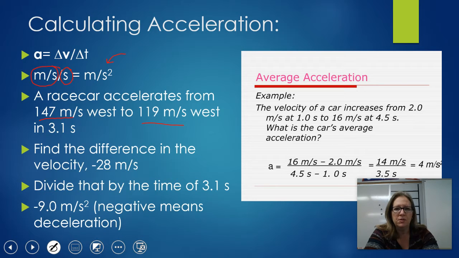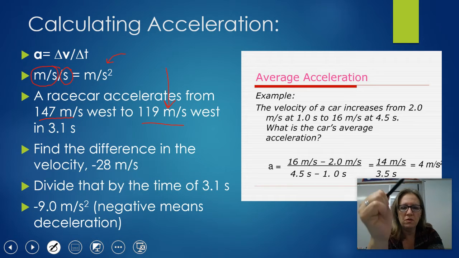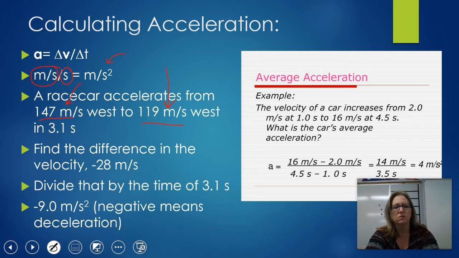So we find the difference between those, and it's similar to the displacement. We start with our final velocity and subtract our initial. Okay, so 119 minus 147 actually gives us a negative 28 meters per second. That negative is because it's slowing down. That implies deceleration.